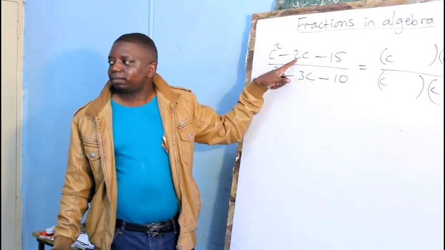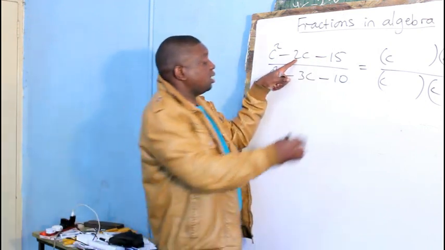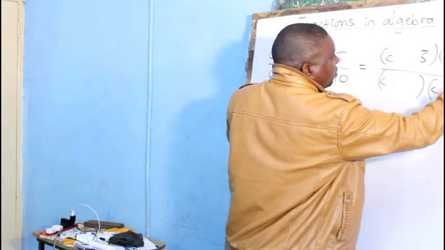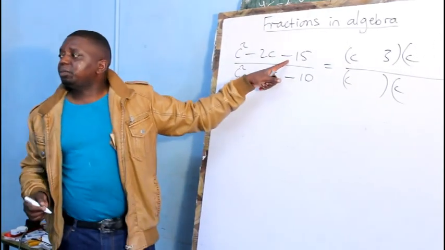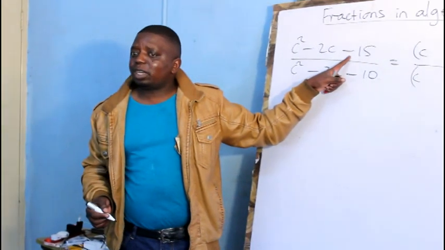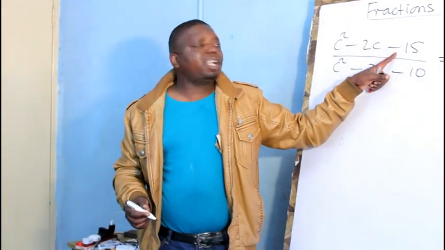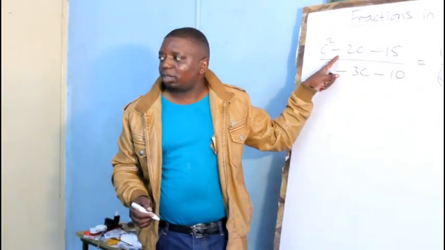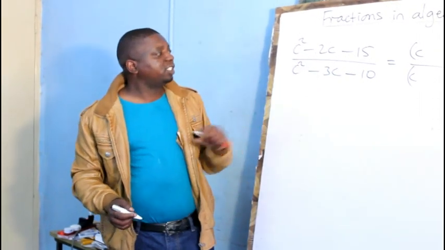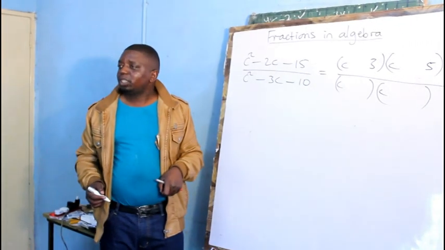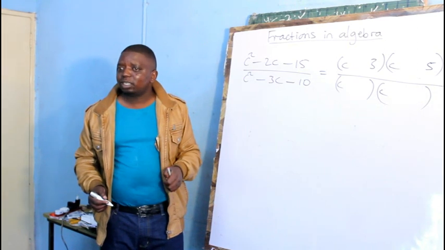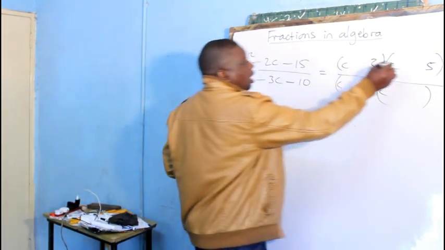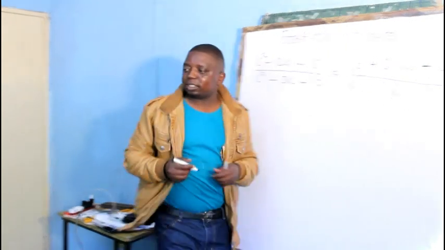Which are the factors? 3 and 5. If it is negative, it means the factors are of different signs. And the bigger factor takes the sign of the middle term. Which is the bigger factor? 5. It takes which sign? Negative. So minus 5 and plus 3.